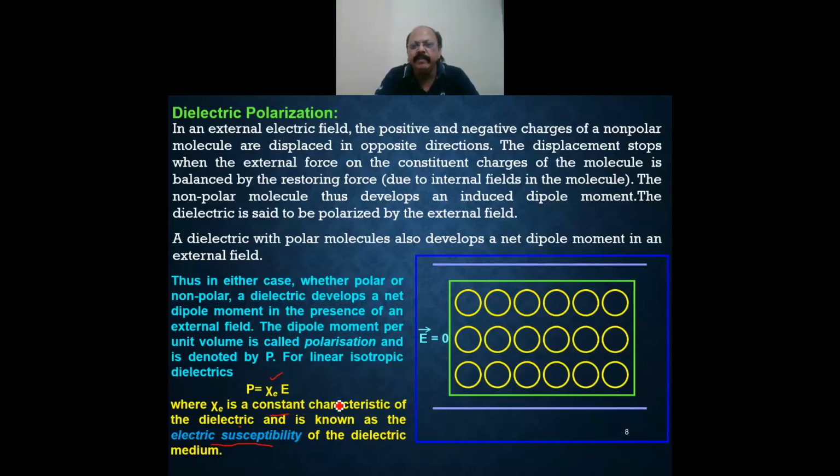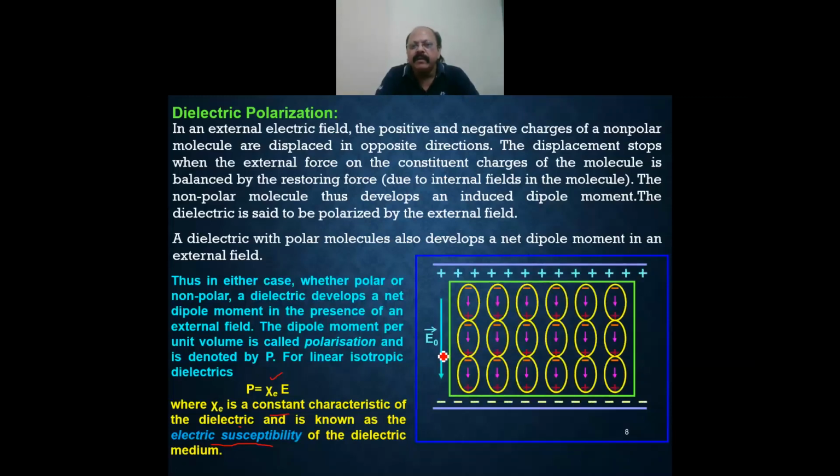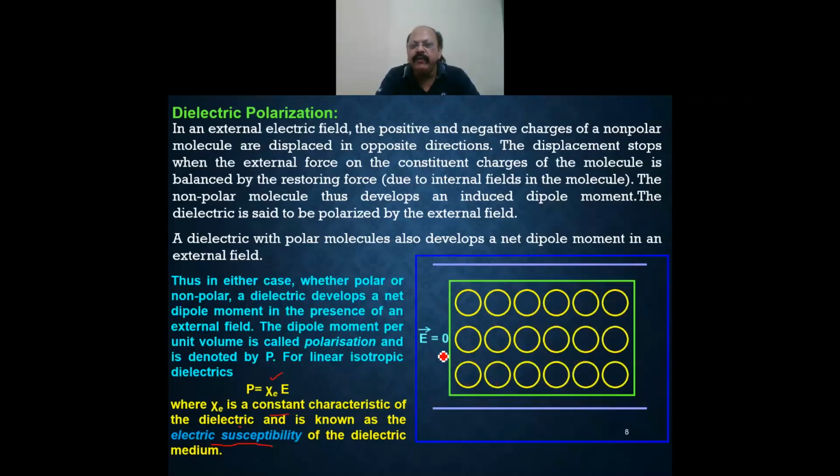You see in the diagram, when the electric field is 0, electric dipole moment is 0, meaning there is no dipole moment per unit volume.